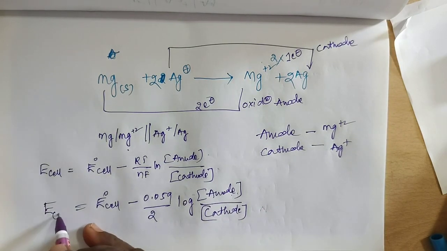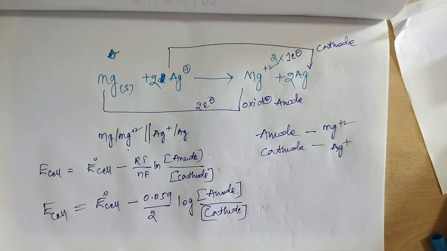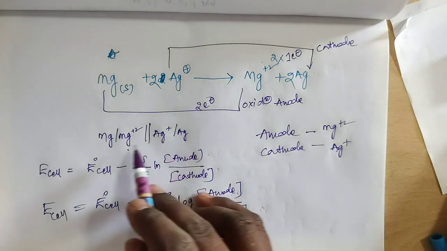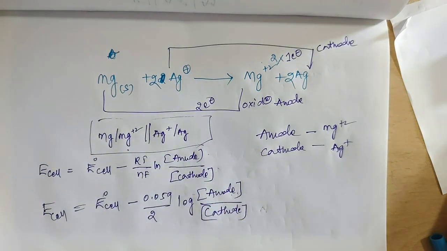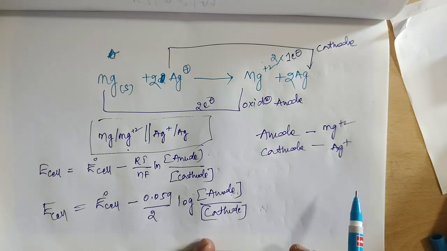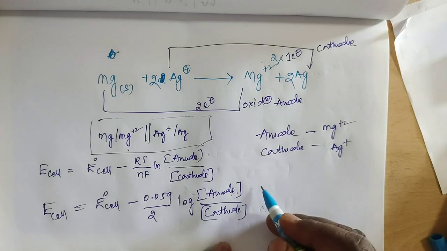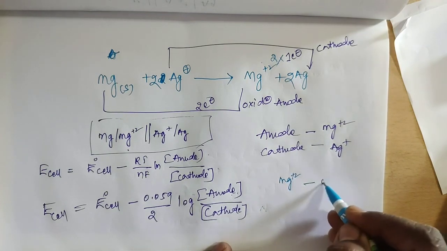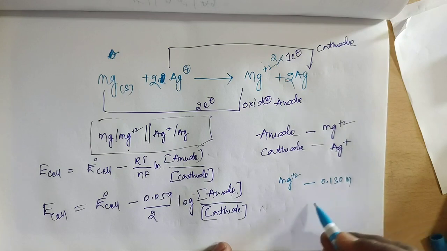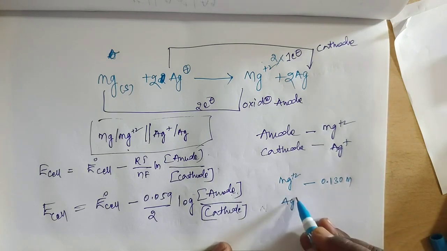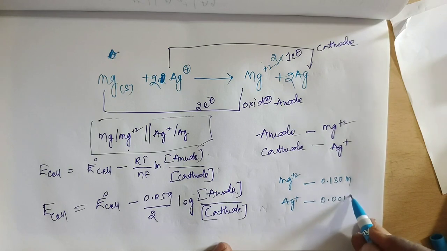Okay, so this is the next equation. So we calculate the concentrations of the anode and cathode easily, and also calculate the E cell of this galvanic cell easily. For example, you take the concentration of magnesium, that is Mg plus 2 concentration, is 0.130 molar, and Ag plus concentration is 0.001 molar.